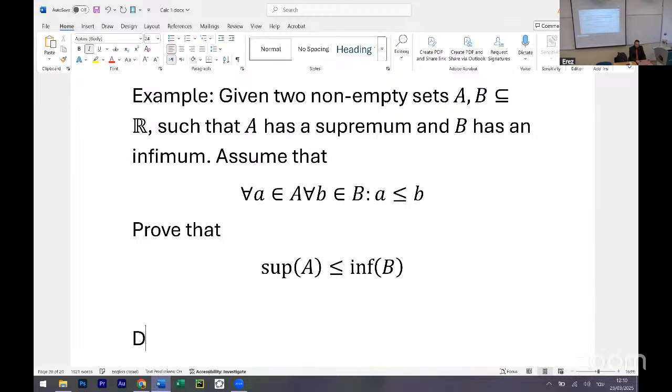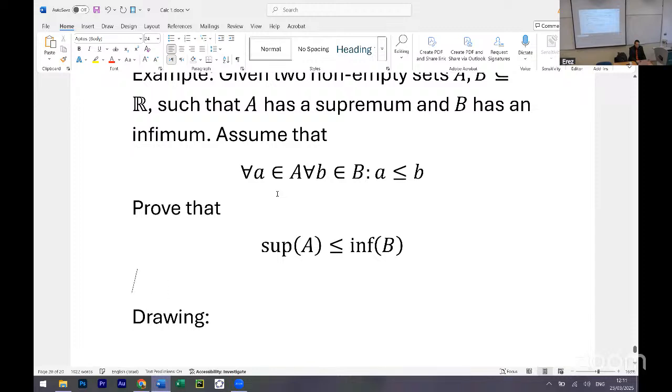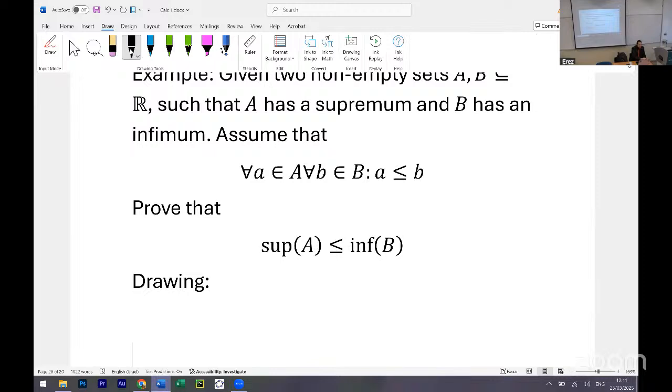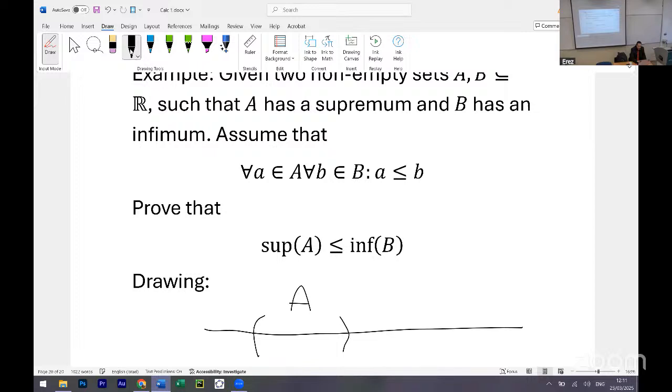So I'll start with a drawing that's not a proof, but it helps to understand what I am saying here. So the drawing would be as such. This is the axis. So this will be the set A. And suppose the set B is quite close. This would be the set B. And the supremum of A would be here, right?